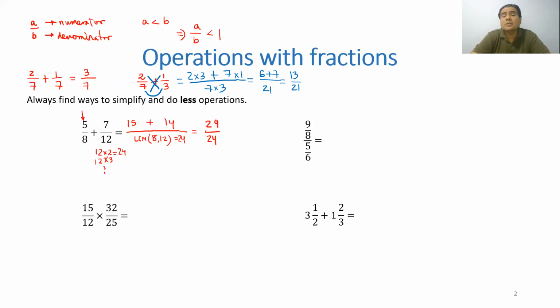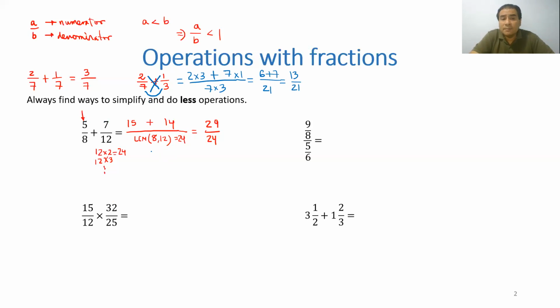Okay, so you can use the cross product approach or finding the least common multiple first, in order to convert the original terms of the sum into equivalent fractions with the same denominator. Now, what about if it is a difference, for example? Well, for differences, it's really simple.